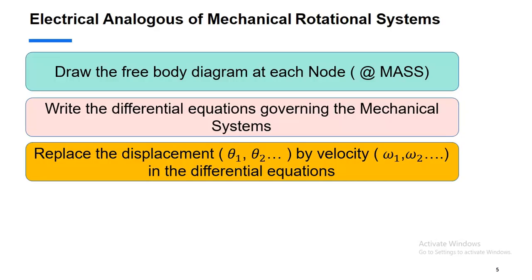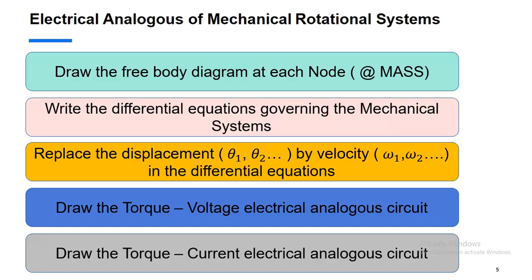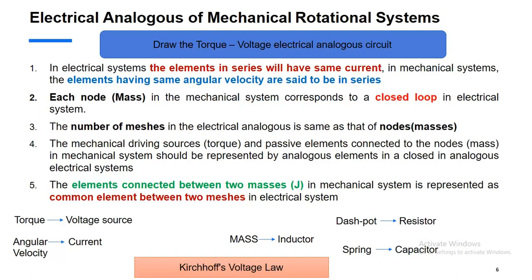Replace the angular displacement in terms of an angular velocity, that is, theta is replaced by omega in the differential equation. Then we have to draw a torque voltage electrical analogous circuit, and finally a torque current electrical analogous circuit. Let's see the torque voltage electrical analogous circuit.